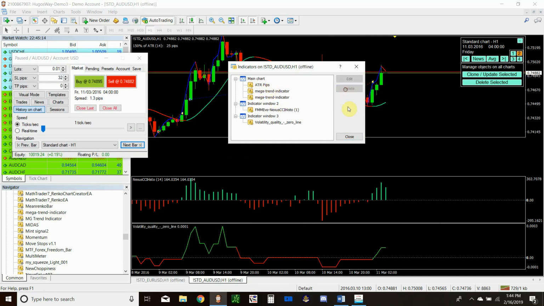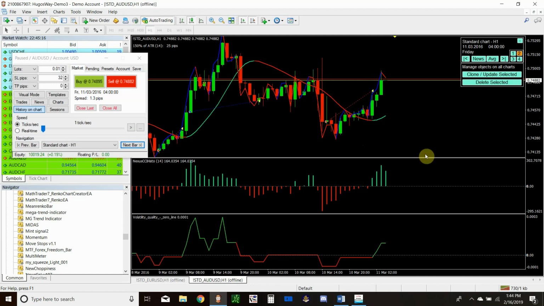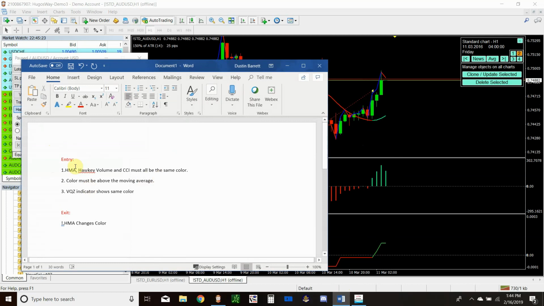Okay, so delete that. And then we're going to change these to where, change this to HMA, DQZ, and CCI must all be the same color. Okay, so we've got that here. Then we'll exit.